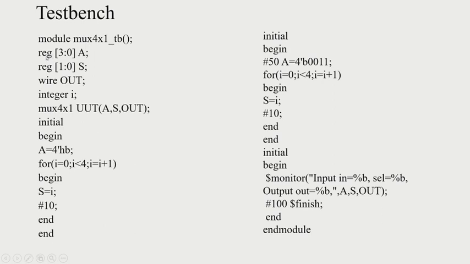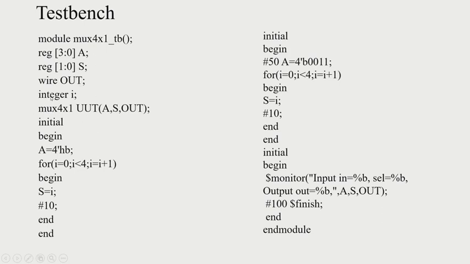Suppose we write a as the input to the stimulus of the 4:1 mux UUT. So I have specified range 3 down to 0 for a, and a 2-bit selection line, with range 1 down to 0, and a wire for the output.